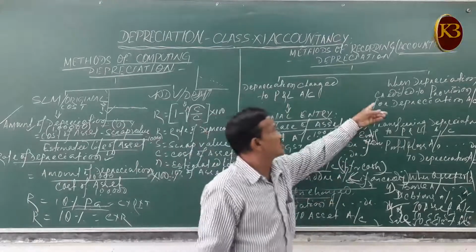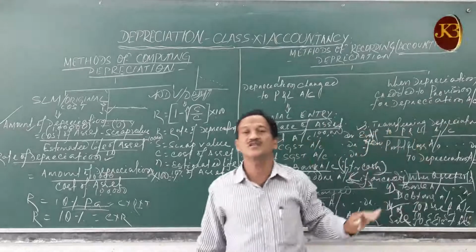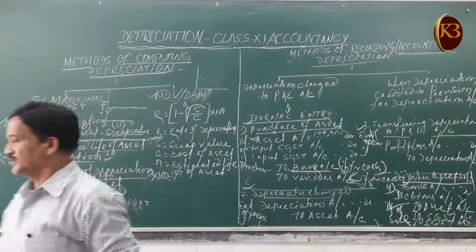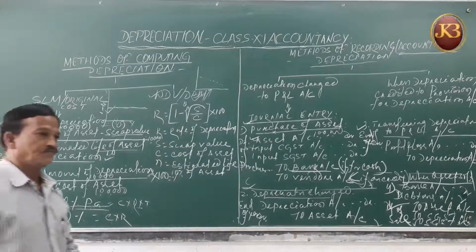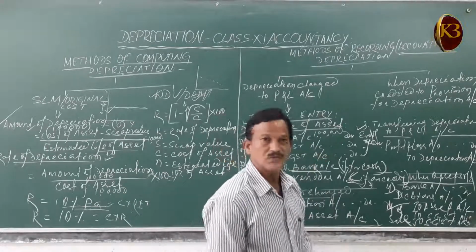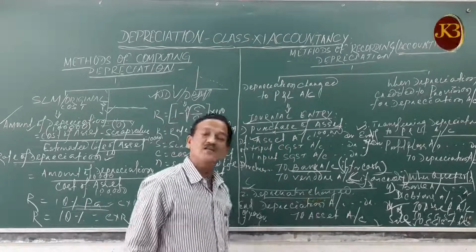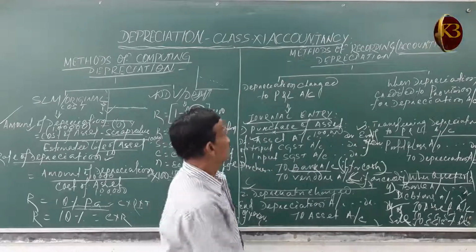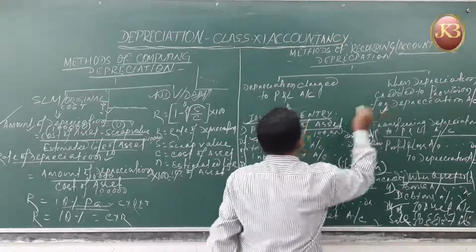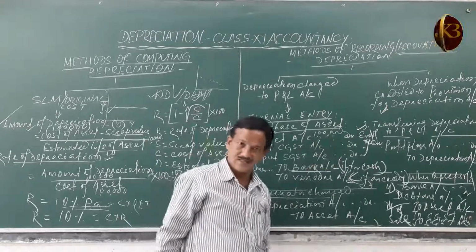So let's come to when depreciation is credited to provision for depreciation account. This provision for depreciation account is to be used when depreciation is not directly charged to profit and loss account. Under this method, the first entry remains the same, purchase of assets.